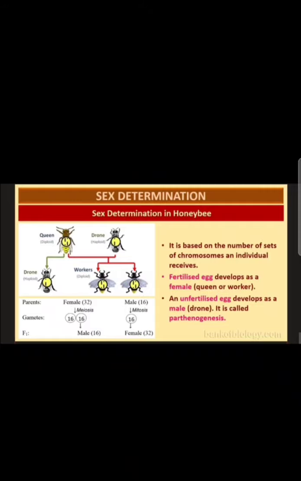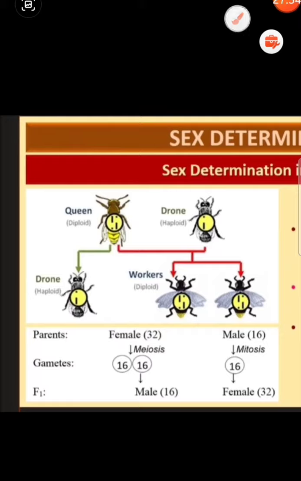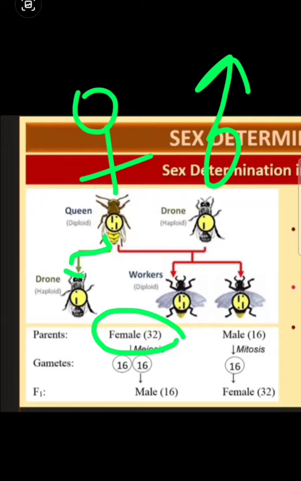Here you will learn parthenogenesis, that will come in asexual reproduction. In the first chapter I have explained it, right? Here, the queen and the drone. The queen is obviously female, the drone is male. The queen has 32 chromosomes.